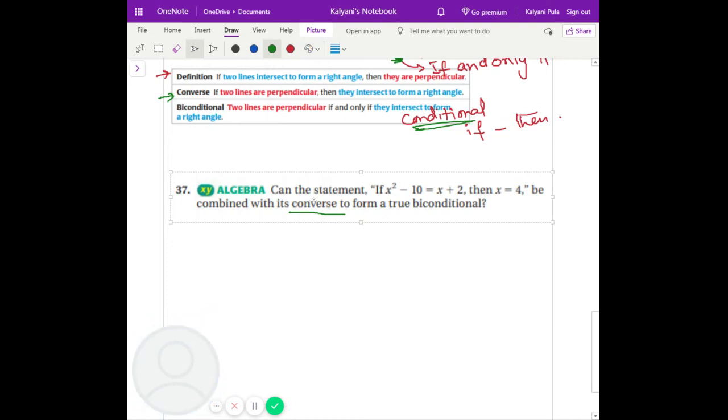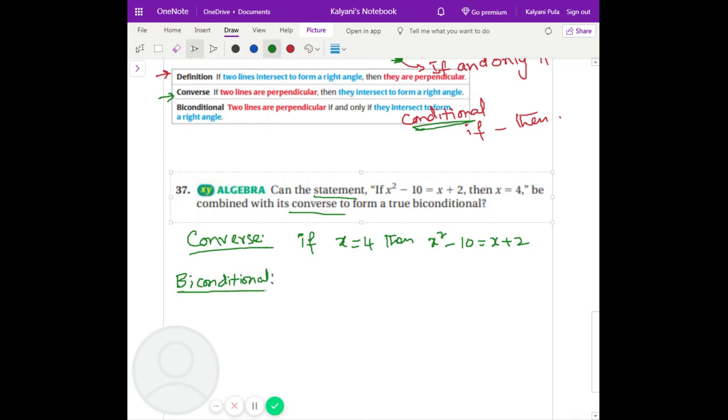The statement is: if x squared minus 10 equals x plus 2, then x equals 4. They gave it to you already. Now the converse means you have to flip it: if x is 4, then x squared minus 10 will equal x plus 2. And then you can write the biconditional.